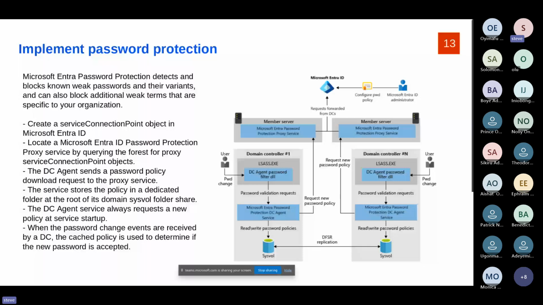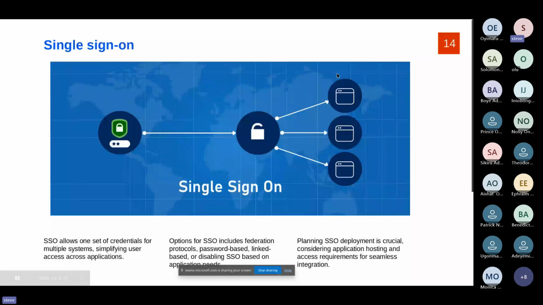Now, Microsoft also supports single sign-on. Single sign-on, or popularly known as SSO, allows one set of credentials for multiple systems and simplifies user access across applications. The options for single sign-on include federation protocols, like federation services, and then password-based and link-based as well.